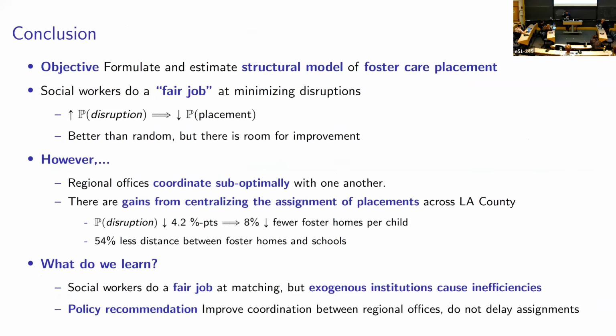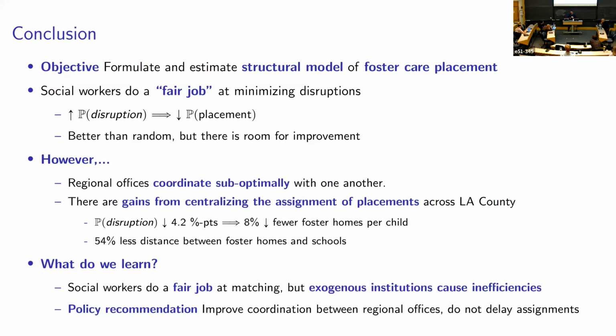Okay, so to conclude, after that we have 1 or 2 minutes for questions. The objective of the paper is to formulate and estimate a structural model of foster care placement. Here I find that social workers do a fair job at minimizing disruptions. Basically, a higher probability of disruption translates into a lower probability of the placement being assigned. Now, it's not great, it's better than random.